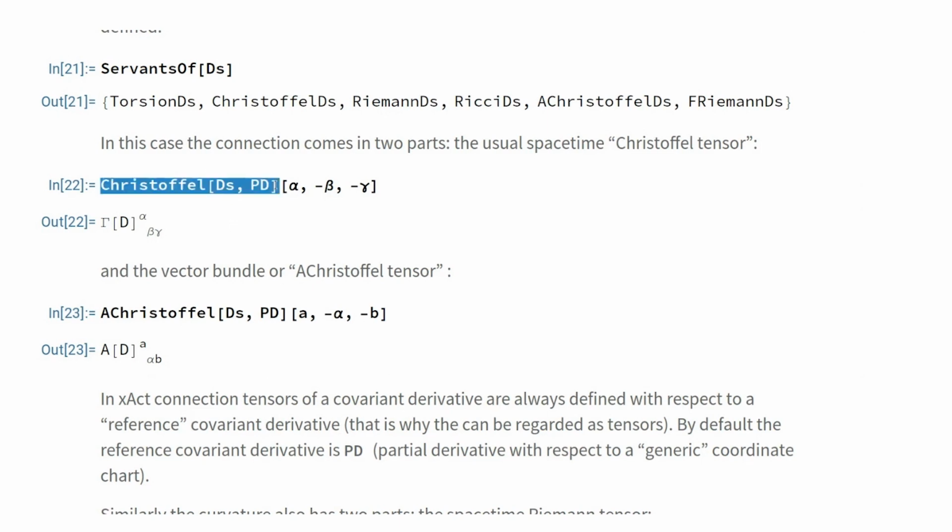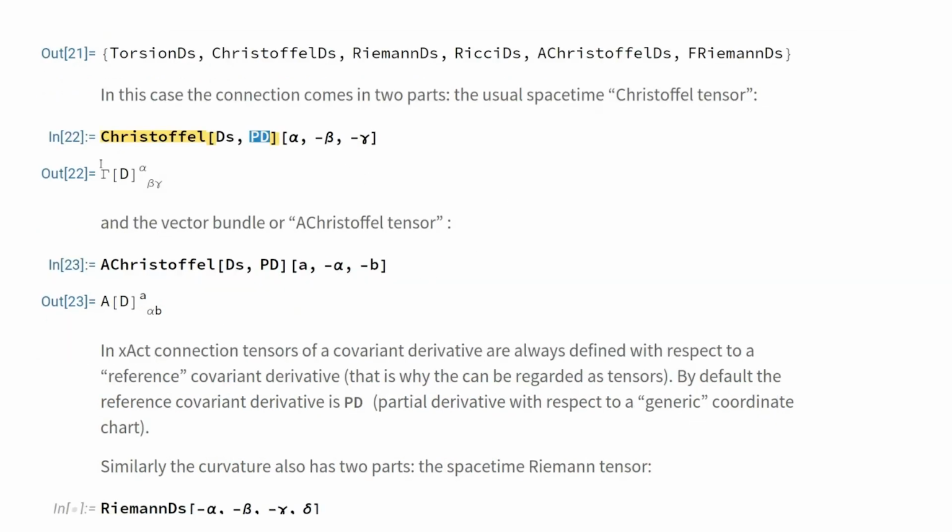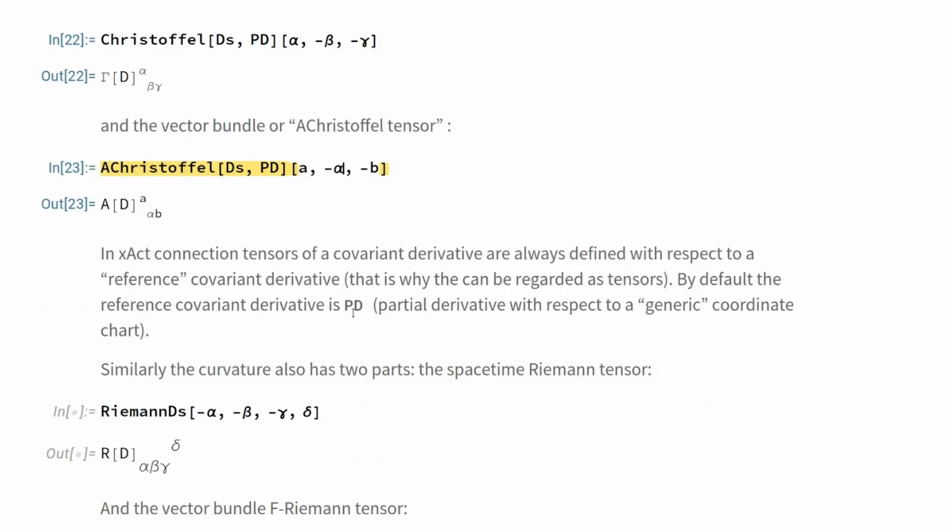In this case, if nothing is said, by default we use the reference PD, which is a partial derivative with respect to a generic coordinate chart. So we have the Christoffel symbols, the usual Christoffel tensor with all its space-time indices, and we have also what we might call the A Christoffel tensor, or internal connection components, where we have one space-time index and then two vector bundle indices.